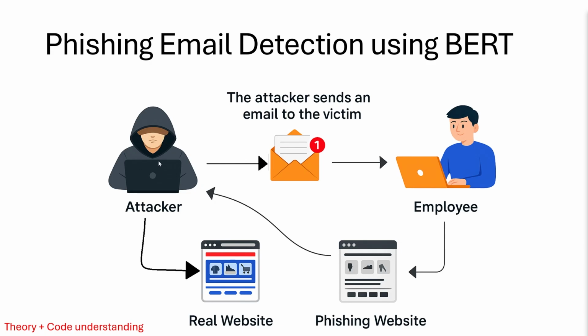Now what does the attacker do? The attacker now has the sensitive data of the employee. The attacker is going to log in to the real website and steal the data, can do transactions, can do anything, because now the attacker has the real credentials of the user. So this is the whole process of how the attacker attacks the user. The whole process is called phishing emails.